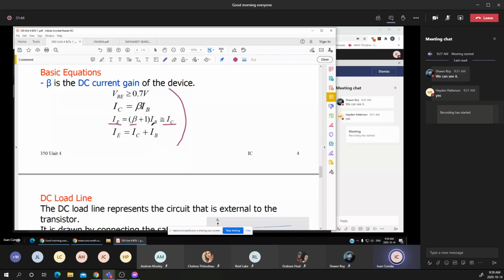Again, that's the approximation, and this is the rule that most of the time, I'm not saying always, is applied.